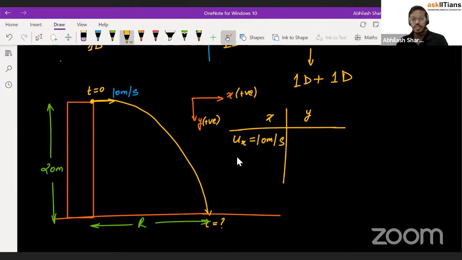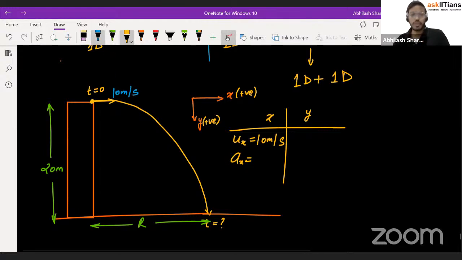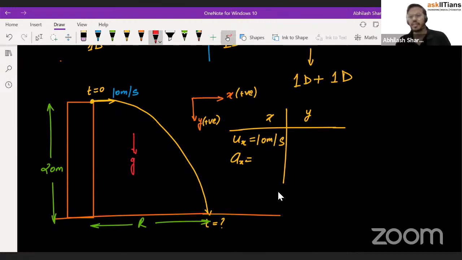So the initial speed along X is known. What about the acceleration along X? Can gravity act horizontally? No, right? So will the ball be speeding up along the horizontal? It cannot, because the gravity that exists is only vertical. Gravity can't have any effect on the horizontal part.